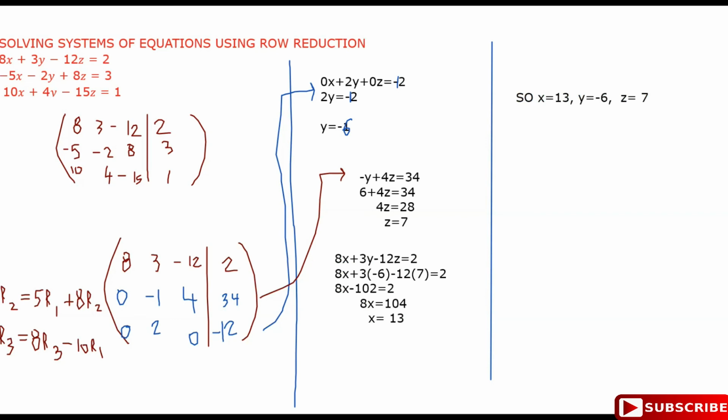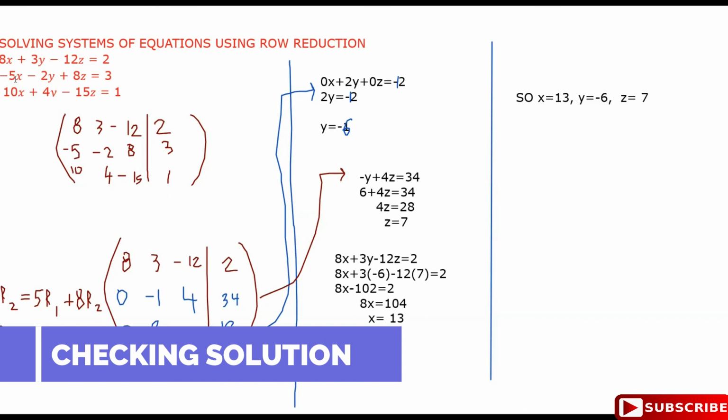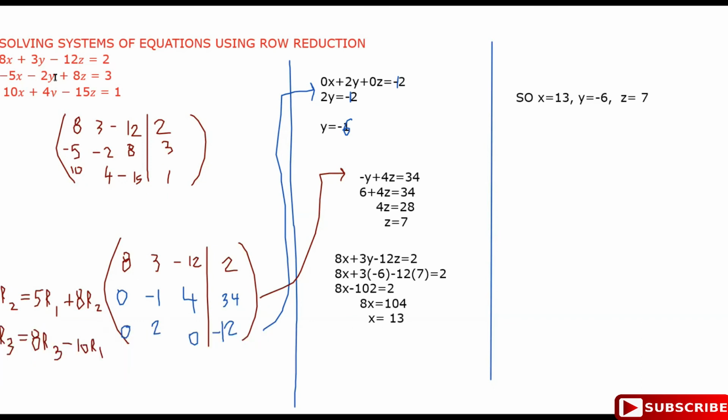Now let's verify our proof. As you can see, try x as 13, y as -6, and z as 7 in the second and the third equation. So let's test in equation 3.